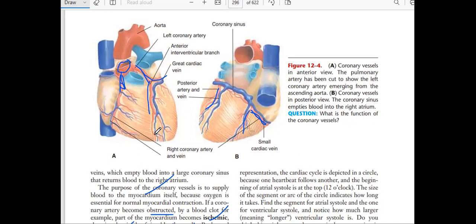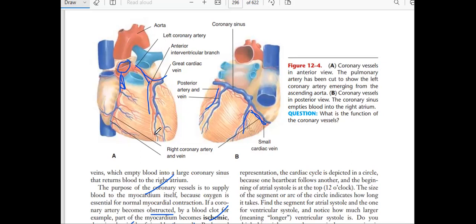So the patient develops heart pain and breathlessness. Why? Because the heart is not receiving the amount of blood it should receive. If it should be 100%, it is receiving 70%. That is the reason that when you walk, the heart is overworked.